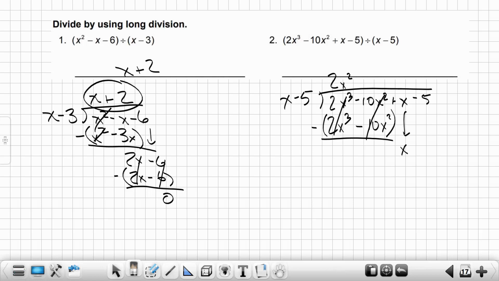This has 2 terms, drop both terms, okay? So drop the full x minus 5. Drop them both so you can have something. x goes into x once. Distribute, subtract, parentheses. And once again, we get 0. That's twice now. This is a factor. So x minus 5 is a factor of the whole thing.